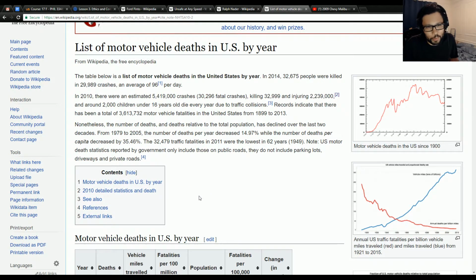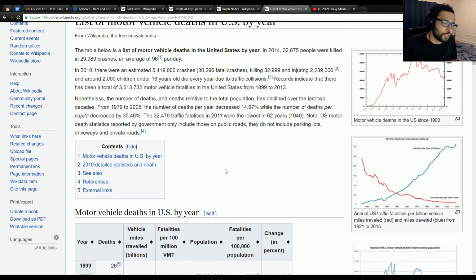You should know how many people die every year from car accidents just in the United States. In 2014, 32,000 people were killed in 29,000 car accidents. Somewhere between 32 and 35,000 people die every year from traffic accidents, and far more people are injured. 35,000 people is the size of a small town.